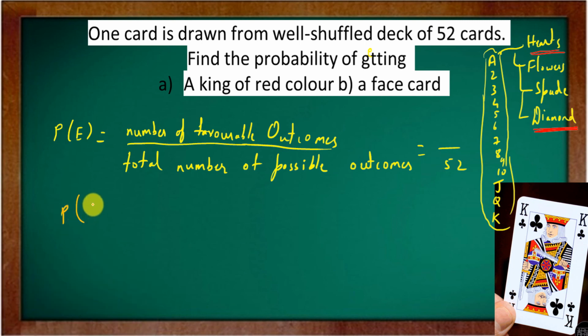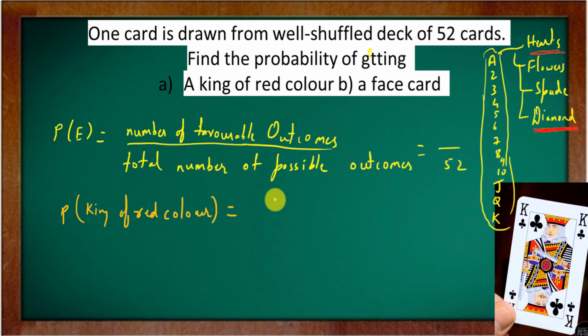So probability of king of red color will be number of favorable outcomes. What will be number of favorable outcomes? Kitle king will be of red color? There can be only two kings of red color. One is king of hearts and one is king of diamond.